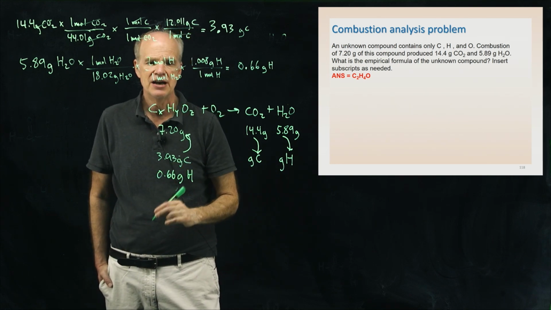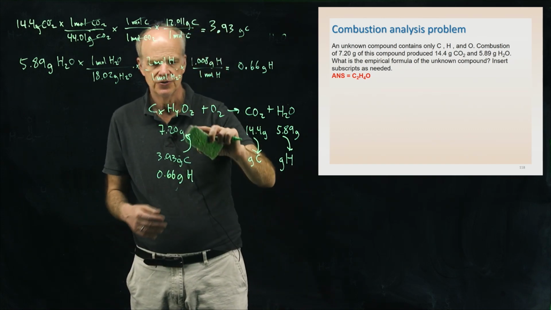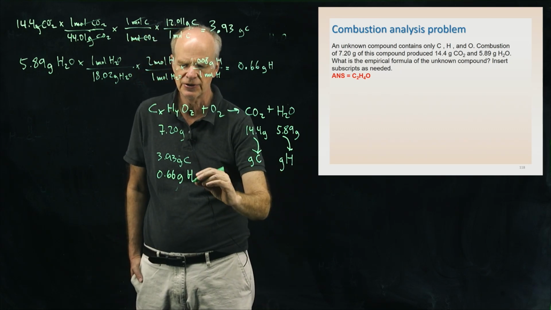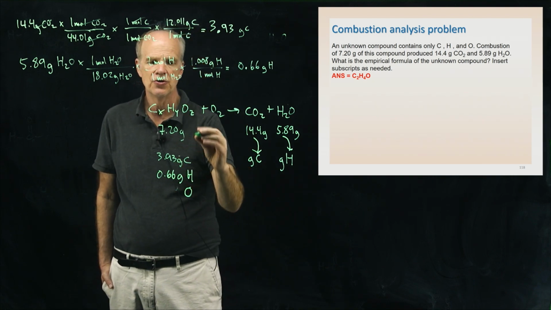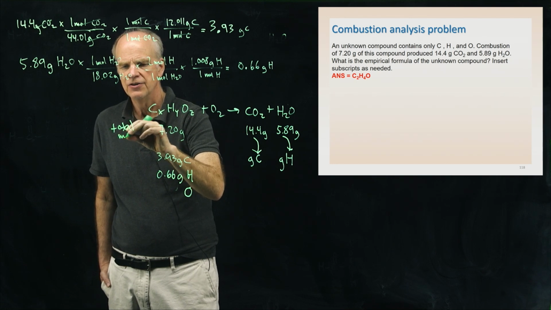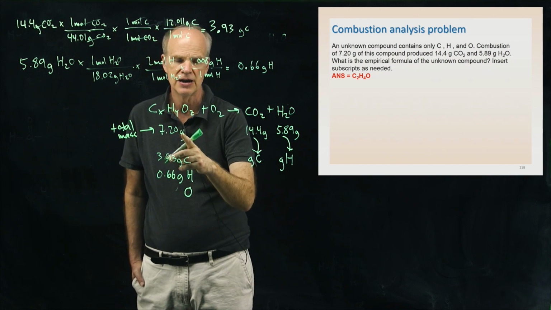Okay. So now the final step is we've got to figure out the grams of oxygen. So let me remove this arrow here. It's a little unclear. Okay, so how do we figure out the grams of oxygen? That's pretty easy to do. We know that the total mass of the carbohydrate that was burned, submitted to combustion analysis, is 7.20 grams.